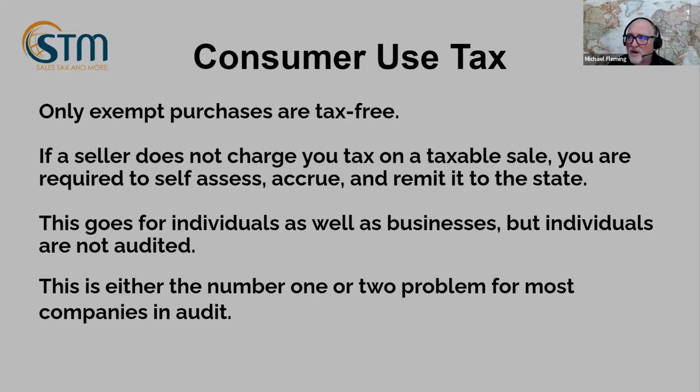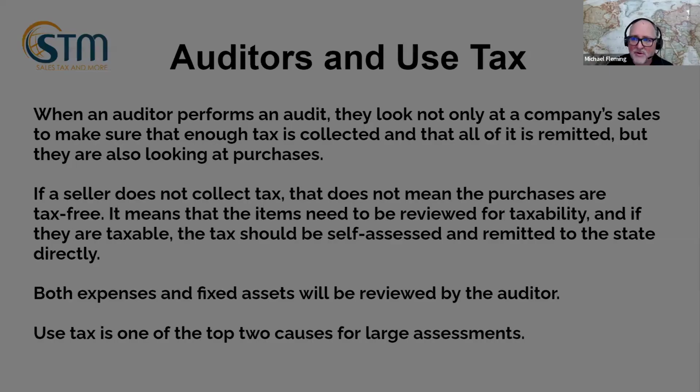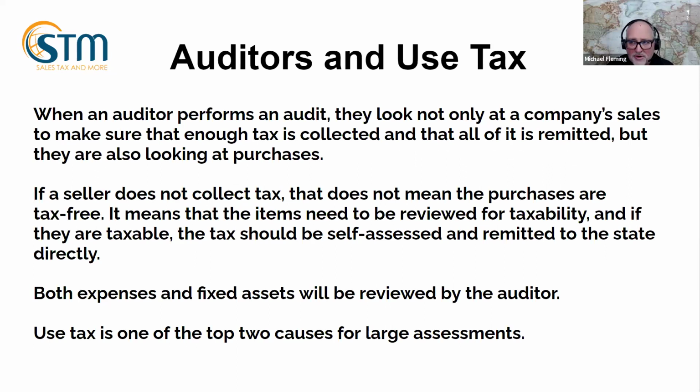So let's look at how auditors and use tax interact. When an auditor comes out and performs an audit, they're looking not only at your sales to make sure that you collected tax on everything that you should have, that you charged the right rates, and that all of that tax was actually remitted to the state. They're also looking at your purchases, because remember, it's not a tax-free purchase.